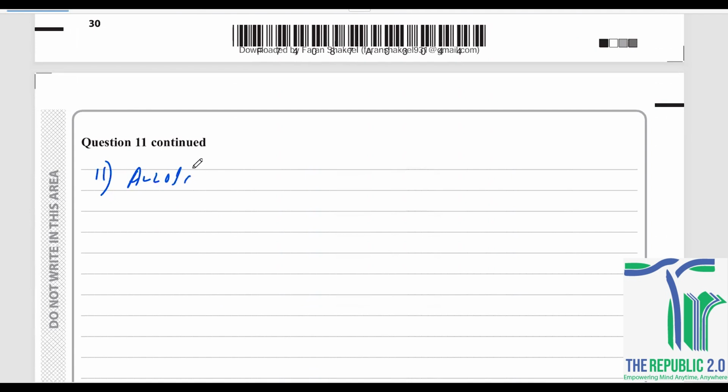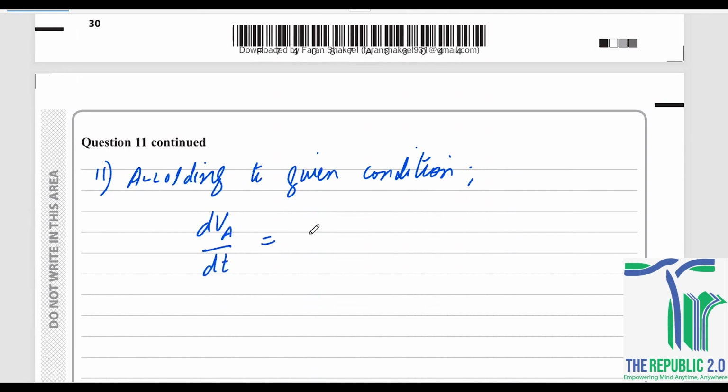According to the given condition, dVA upon dt must be equal to dVB upon dt. They both must be equal.